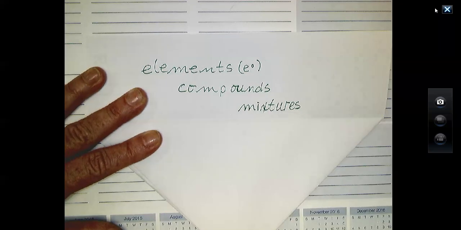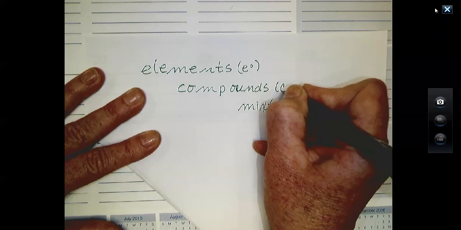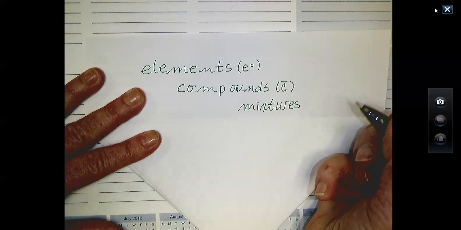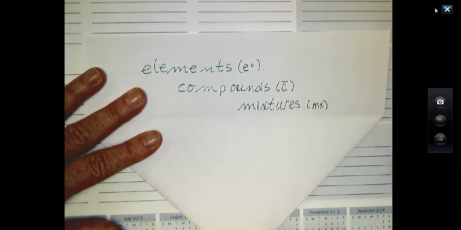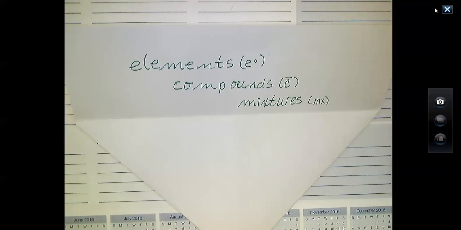Okay, elements, compounds, and mixtures. Symbol for compound is a C with a slash over it, and this is just my own little symbol for mixture. Elements, compounds, and mixtures. Alright, so we'll start with elements.